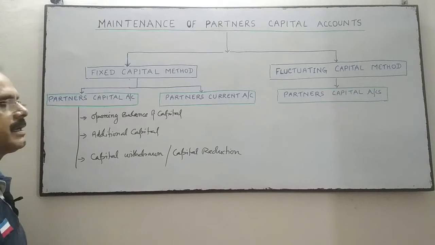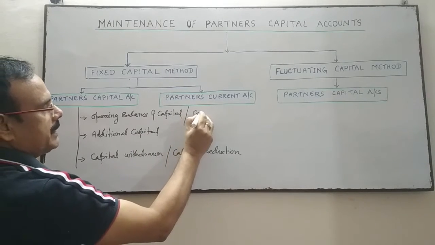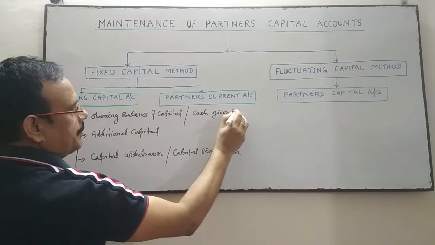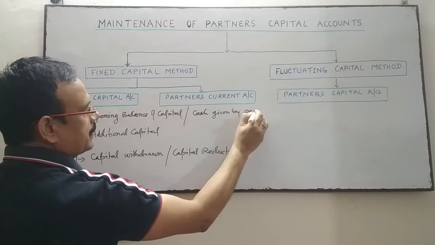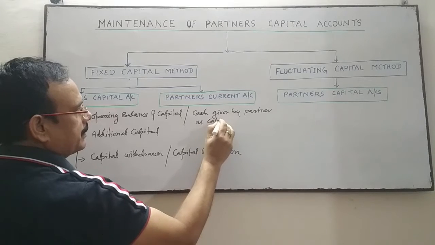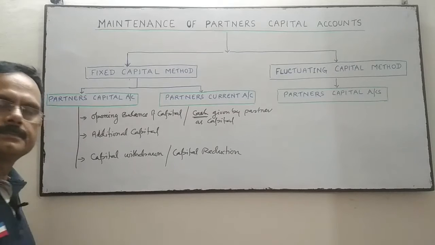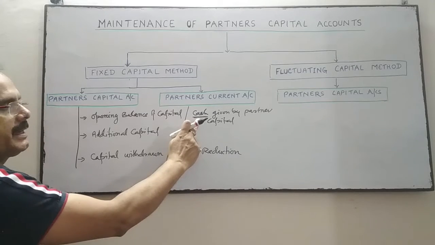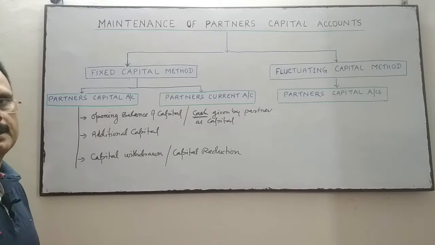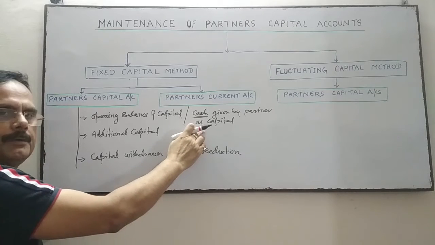If the business starts this year, then whatever is given by the partner as capital, it may be in cash or it may be in kind, whatever amount given by the partner as capital will be the first item.